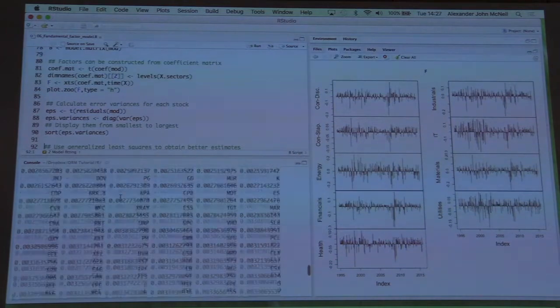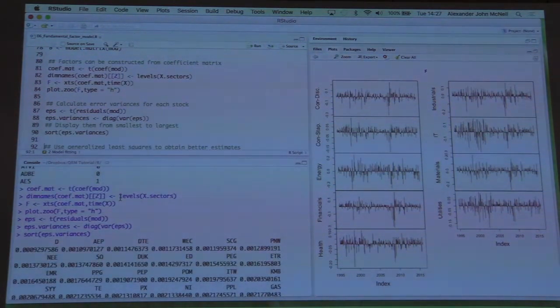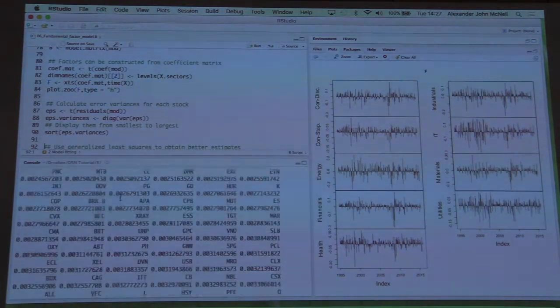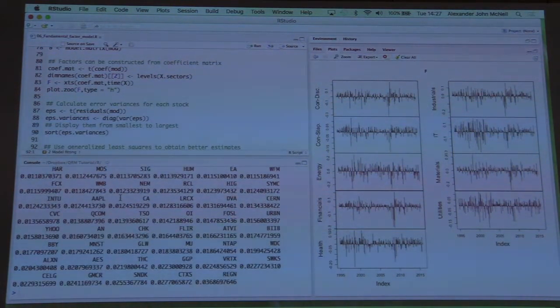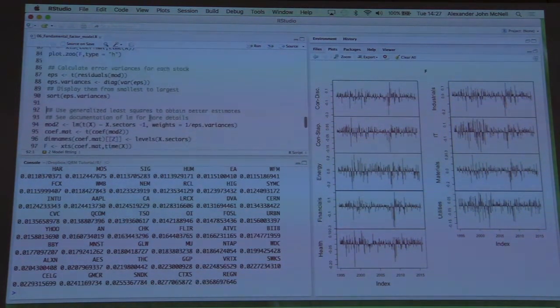And these are the variances of the errors, starting with the smallest variance, D, and going up to the largest variance, whatever it was, REGN. So in a sense, the first titles are the ones which are best explained by the industry factors, and the latter titles are the ones which are least well explained by their industry factors. I think we could interpret it that way.